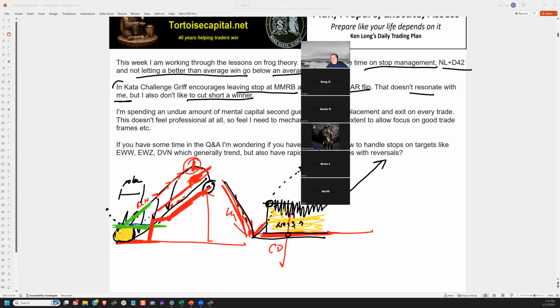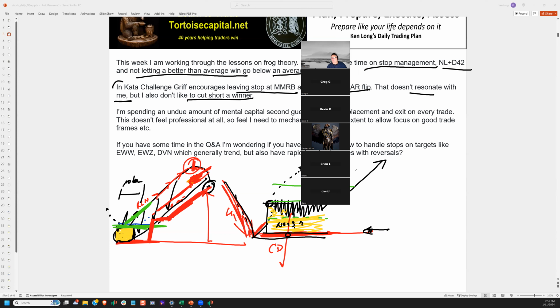So my idea is to leave the initial stop in place until such time as, I'm just going to arbitrarily say, let's imagine that this thing gets to 0.5 of that wrist box. Okay. So my entry is here.